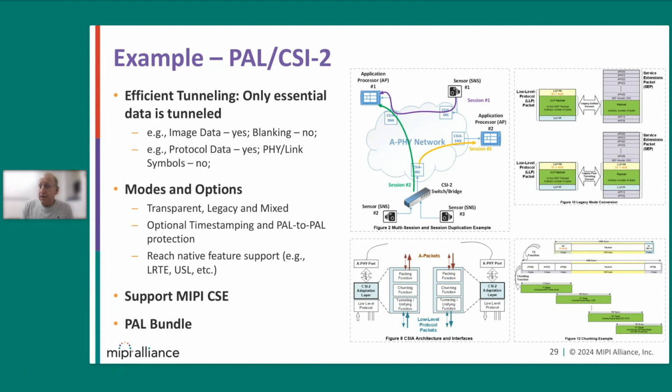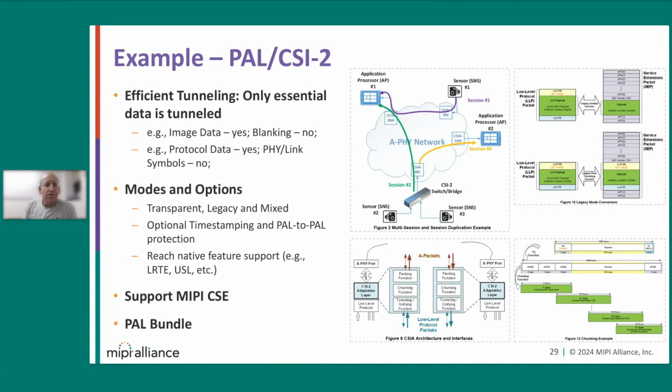But maybe in some cases, sensors will be legacy sensors that don't implement the CSE protocol for protection. In this case, the adaptation layer will add protection elements to the traffic using the same method as specified in the CSE. So a legacy device can be connected to a non-legacy new device seamlessly with the adaptation layer.